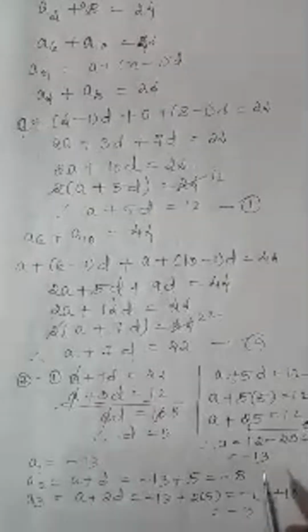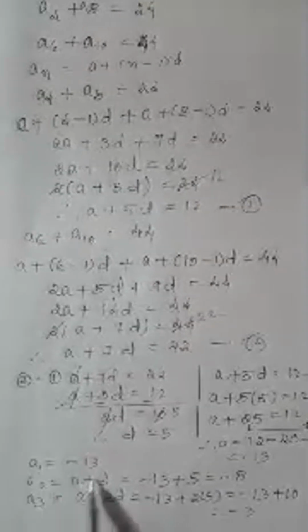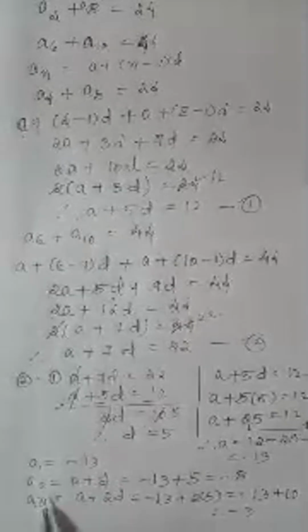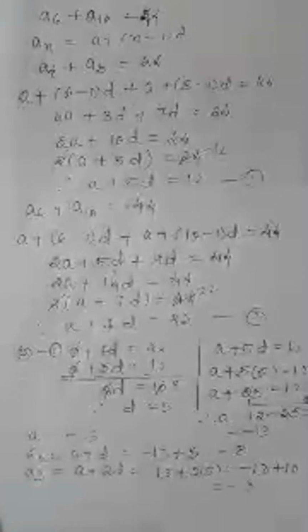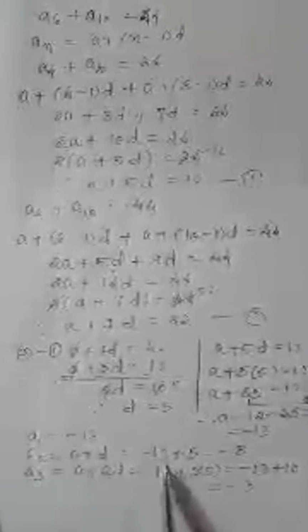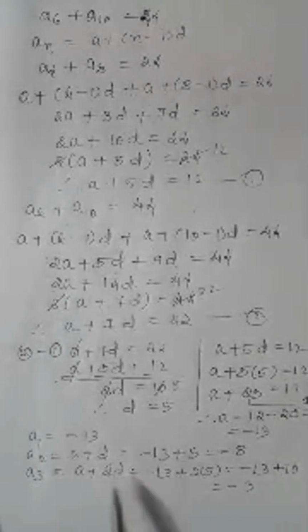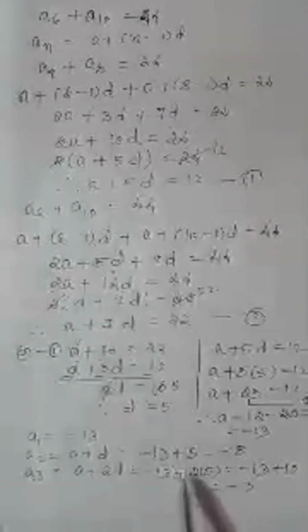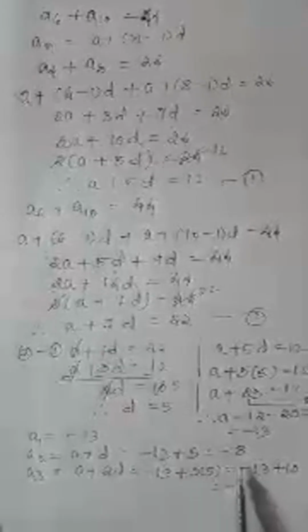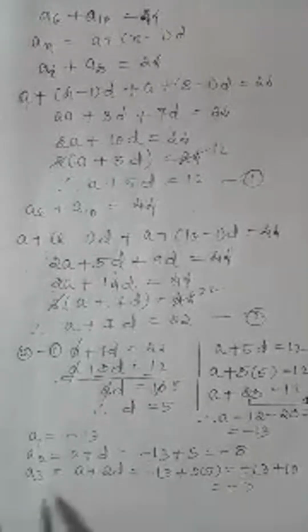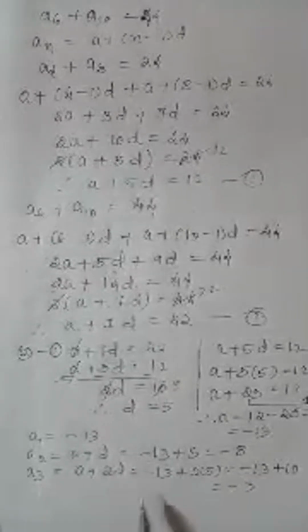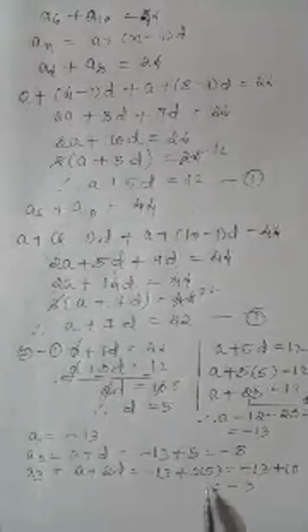Already we got the first term. A1 is equal to minus 13. I need to find the second term. So the second term is a plus d. Here a means minus 13, d means 5. So simplify these two. Bigger number's sign is minus. Difference is minus 8. Here third term a plus 2d is equal to minus 13 plus 2 5s, that is 10.